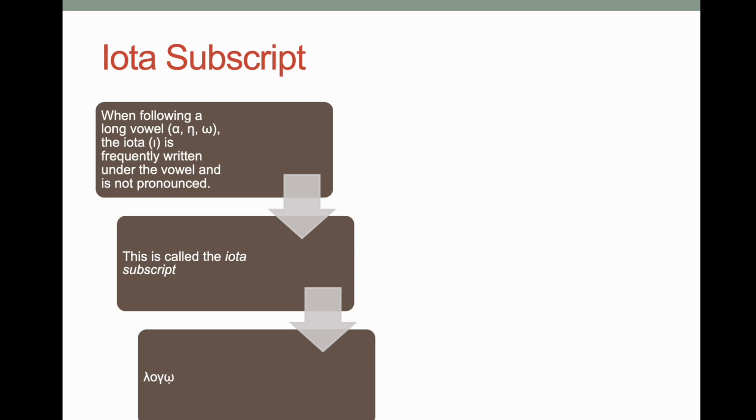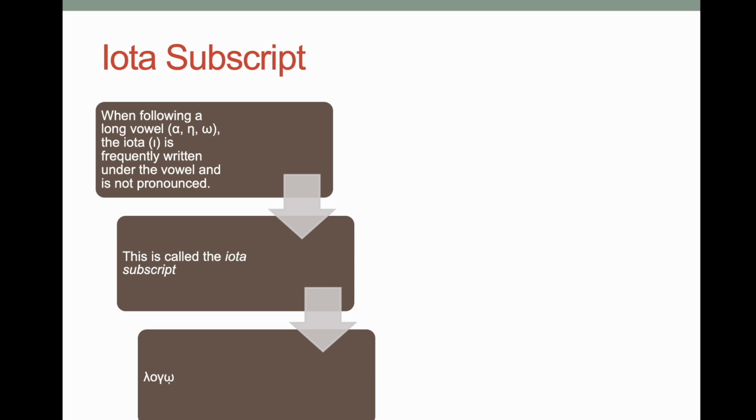I want to talk about the letter iota, and there are letter combinations where an iota will be on the end of a word next to a long vowel. And in cases like that, the iota will subscript. That means the long vowel is so strong and powerful that it's going to force that iota into submission. It pushes that iota under it and it silences it. And that's called the iota subscript.